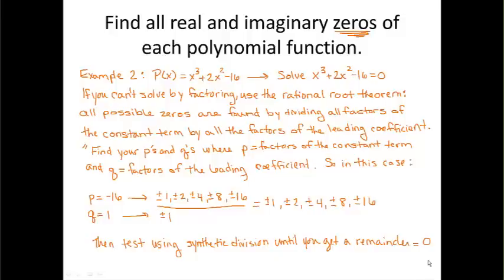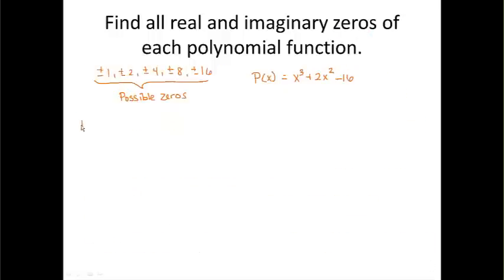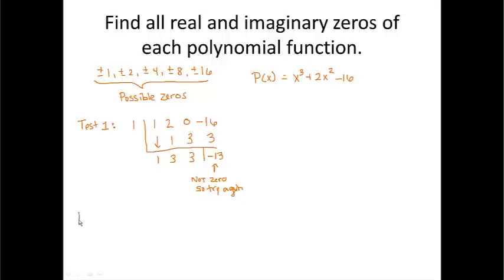Then, based on all of these, we're going to use the test and check method in order to figure out if synthetic division will give us 0. So when I test my first example, number 1, I get a remainder of negative 13, which is not 0.